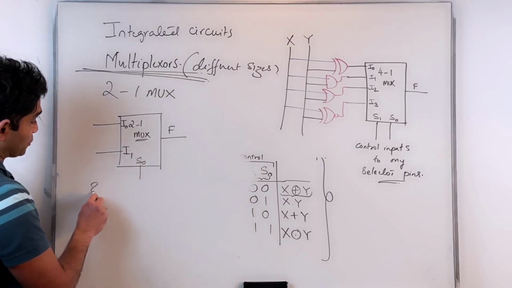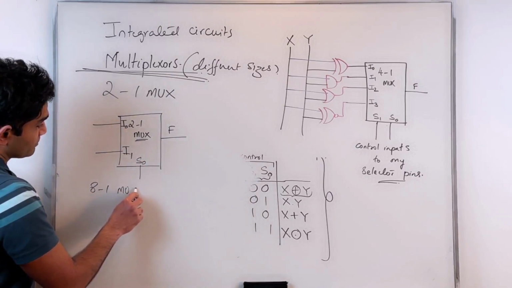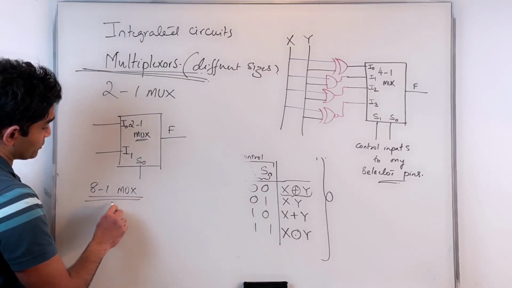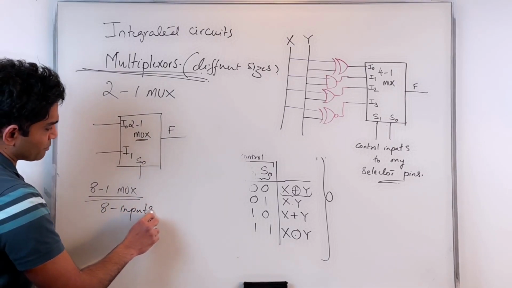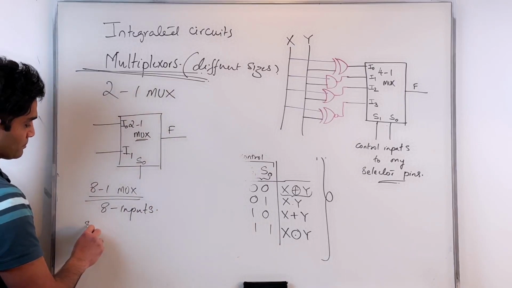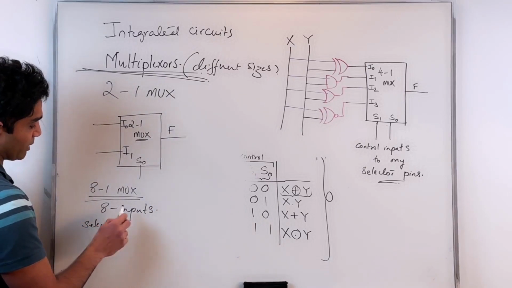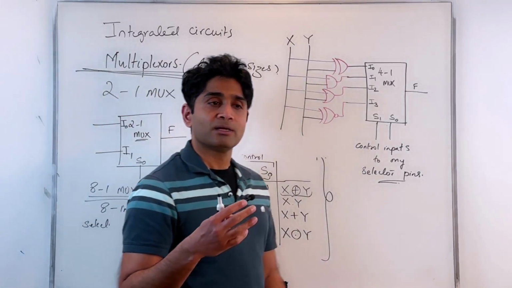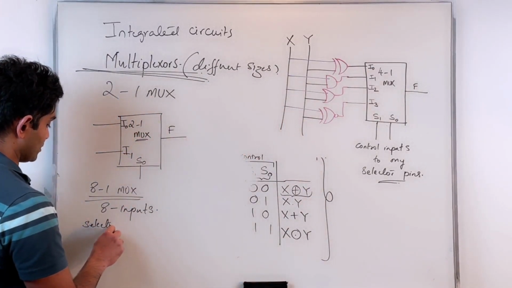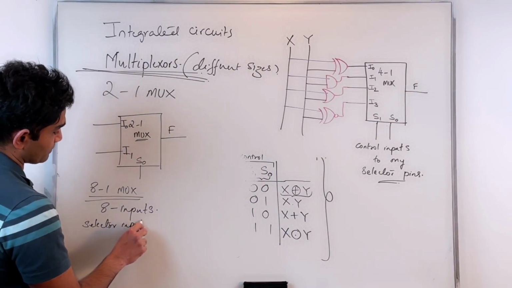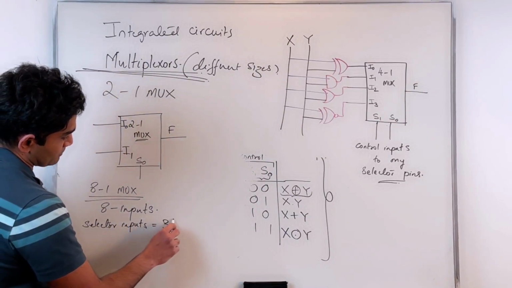Similarly, you have an 8-to-1 mux, in which case you have 8 inputs. How many selector inputs? For an 8-to-1 mux, again, you're trying to multiplex between 8 inputs, so selector inputs equal 3.